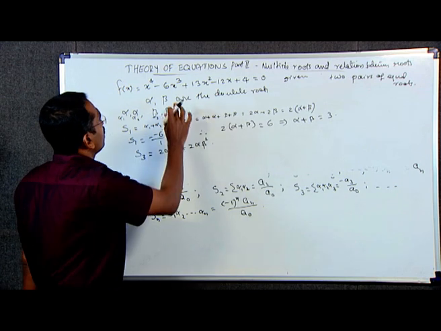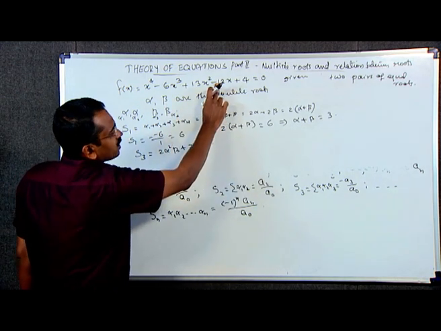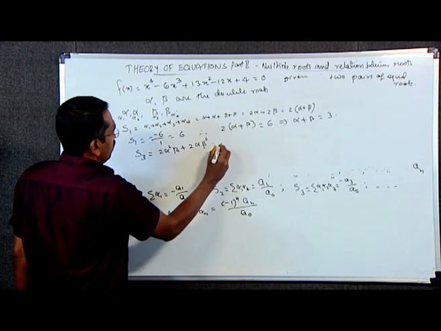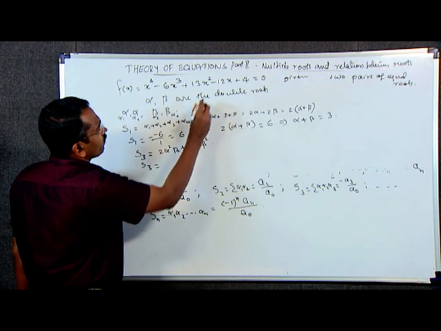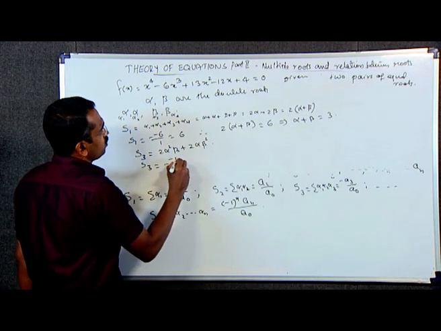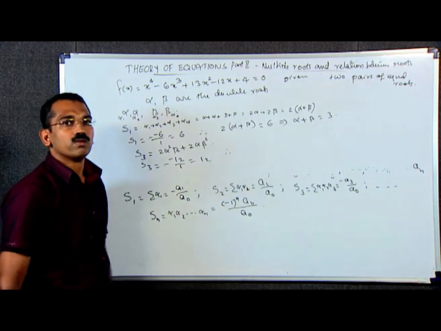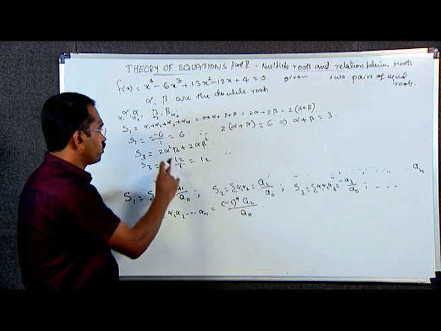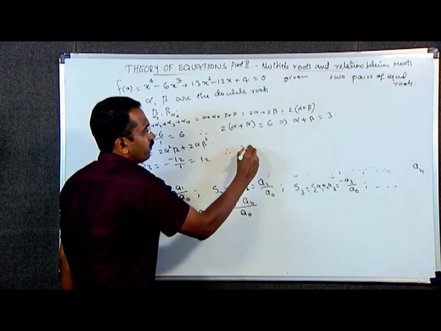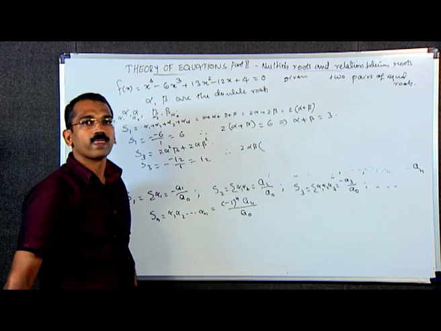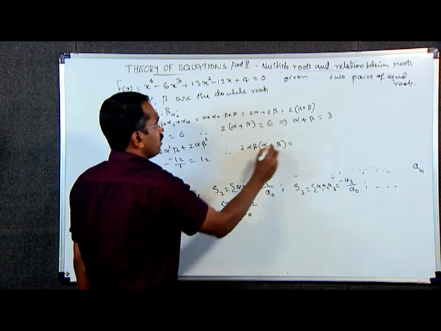In this case, we can write A3 is minus 12, S3 equal to minus of minus 12 divided by 1, that is 12. Therefore, we can write 2 alpha beta into alpha plus beta is equal to 12.